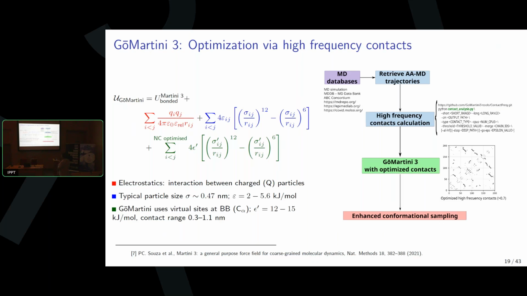But of course, we now need to optimize again the sigma parameters as well as the epsilons, right? And for that, we have chosen a method that is very traditional, which is all-atom molecular dynamics. But recently it has also been powered by different activities in the whole community, which is the creation of databases.